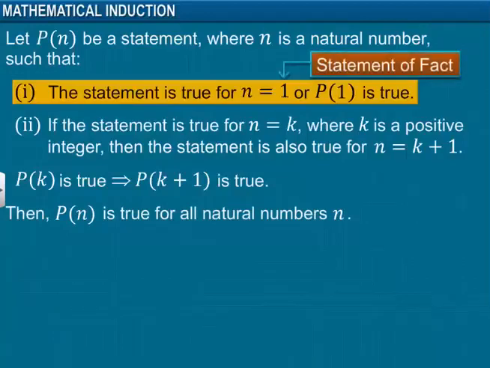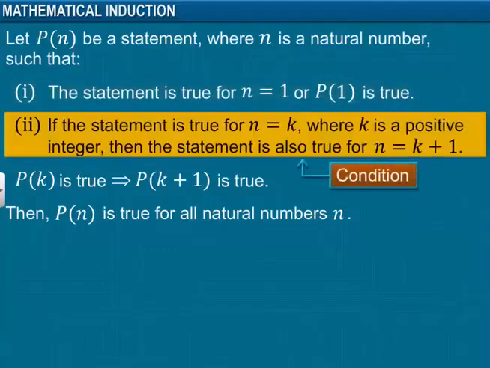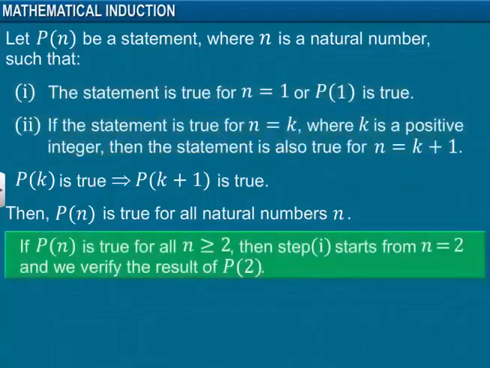Principle 1 is a statement of fact, while Principle 2 is a condition. If P of n is true for all n greater than or equal to 2, then the first step starts from n equal to 2, and we verify the result of P of 2.